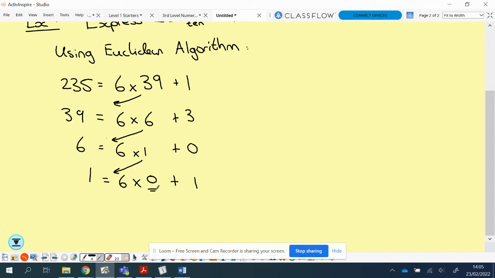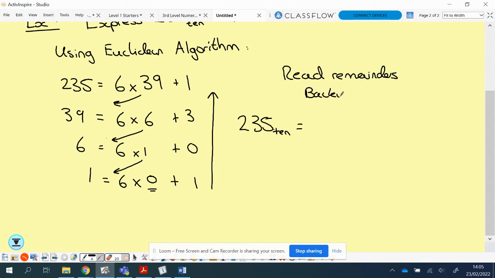Therefore, to write 235 in base 6, you read your remainders, but the key is you read them backwards. So we read the remainders backwards, and therefore my number would be 1031 in base 6.